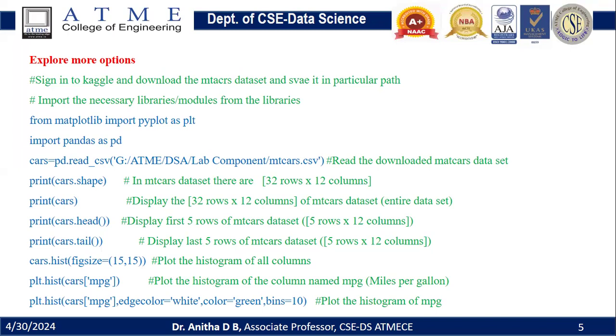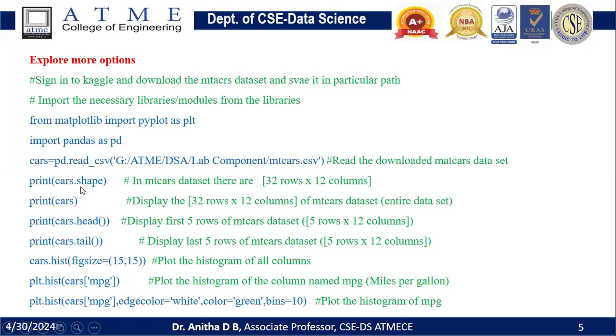Read the file and save it in another variable called cars. You can even use mtcars itself, or you can use a different name. Here I've used a different variable, that is cars.